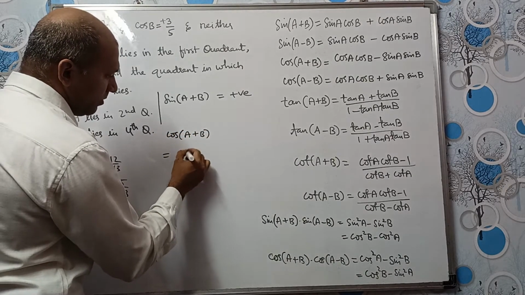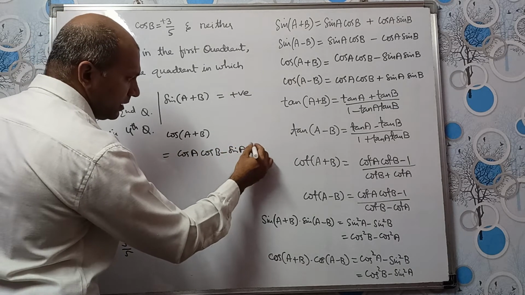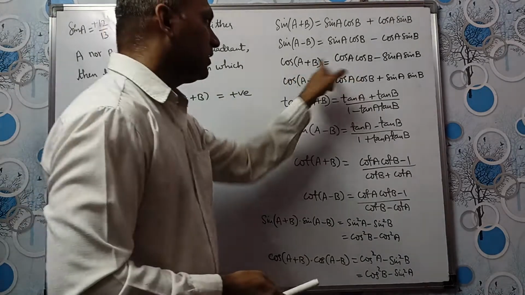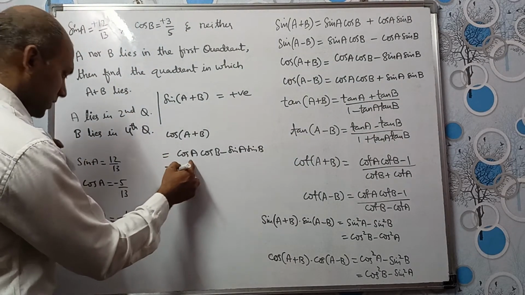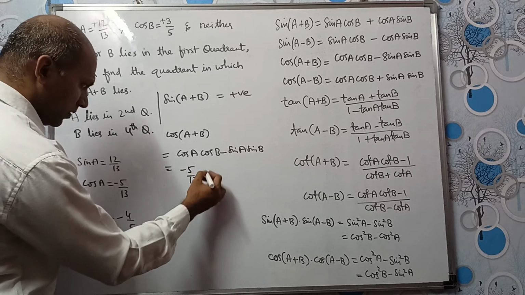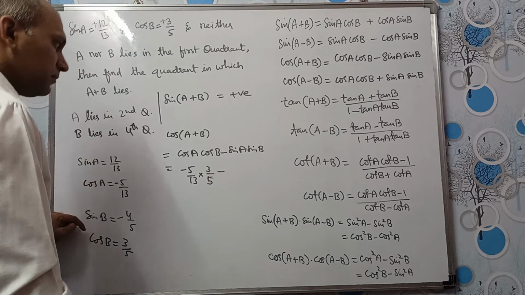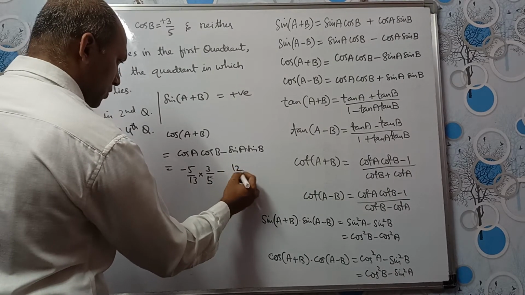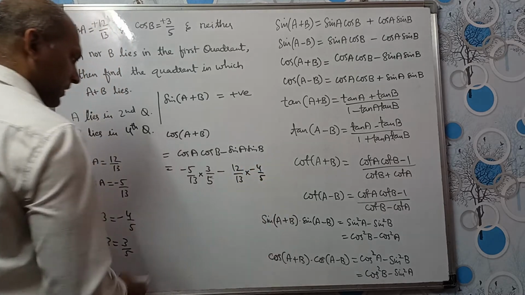Okay. Cos A plus B is cos A cos B minus sine A sine B. Practice the formulas. Cos A plus B in cos will have minus, right? Cos A cos B minus sine A sine B. What is cos A? Minus 5 by 13 multiplied by cos B is 3 by 5 minus sine A, 12 by 13 multiplied by sine B, minus 4 by 5.